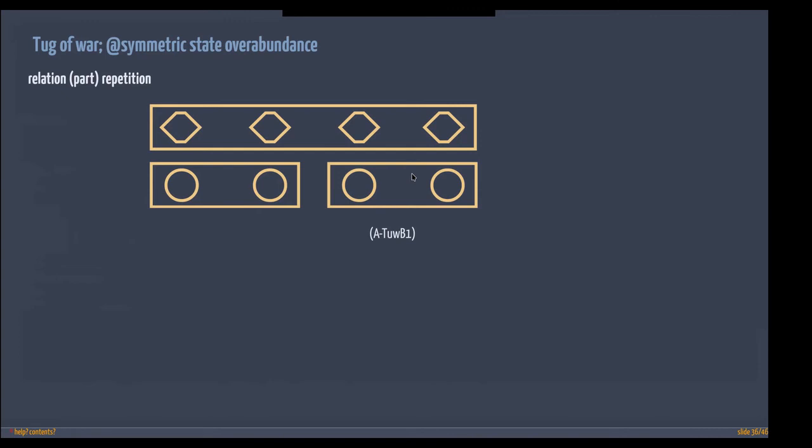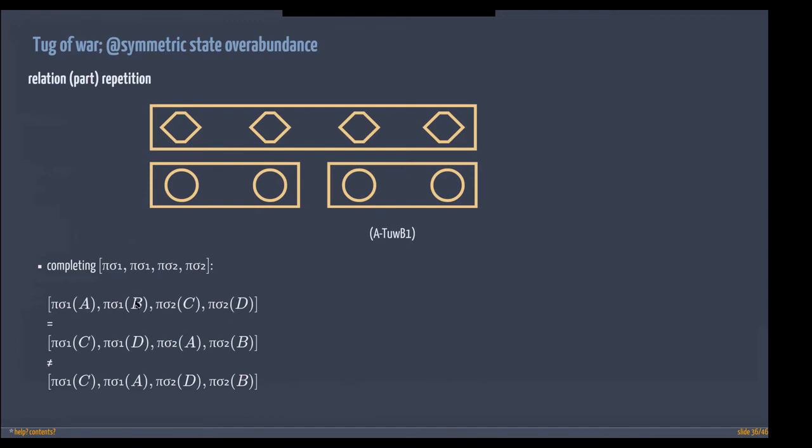It's just the same, and it's symmetric. But it would be a distinct state, of course, if we assign another couple to the binary relations. So if we plugged in A and C into this binary relation, of course, we would end up getting a different state of affairs.